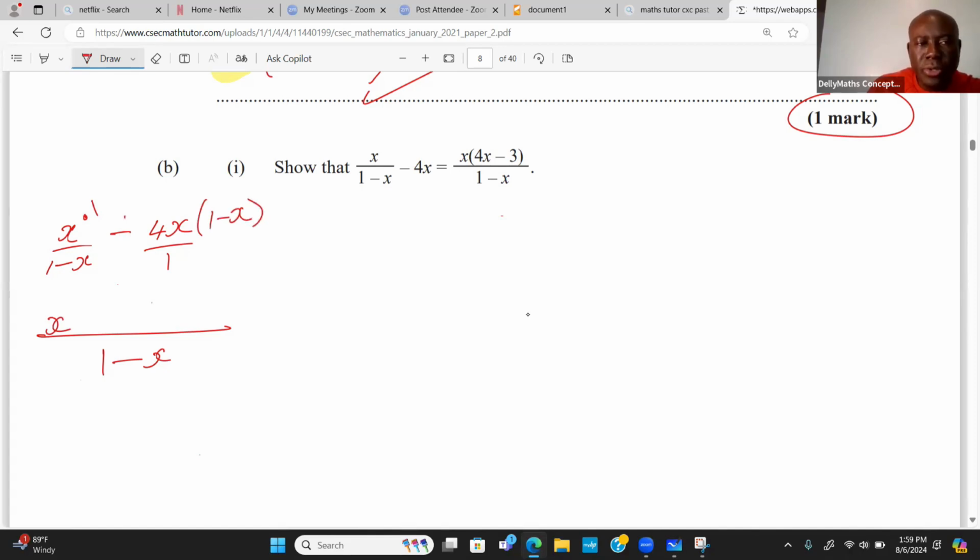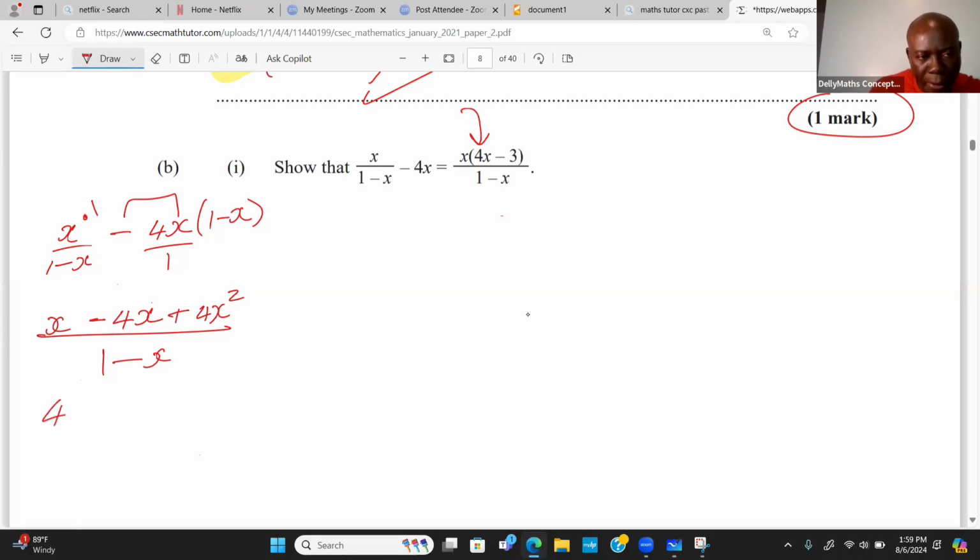If I distribute this negative 4x inside the bracket, I'm going to have negative 4x, and then positive 4x to the second power. If I simplify this, I'm going to rearrange it so that my 4x squared comes in front.